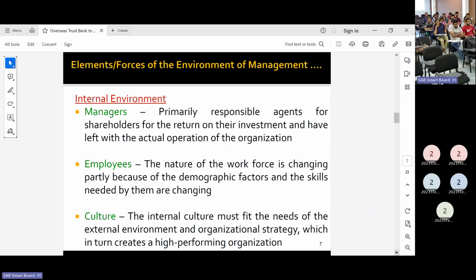Giant organizations like Microsoft, Toyota, Honda, McDonald's, Samsung, General Motors, or BMW, Audi, as organizations, they can influence the larger society. Larger society means the needs, wants, lifestyles, and habits of people.